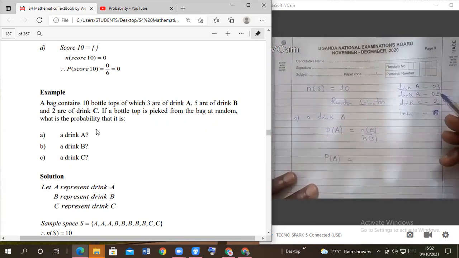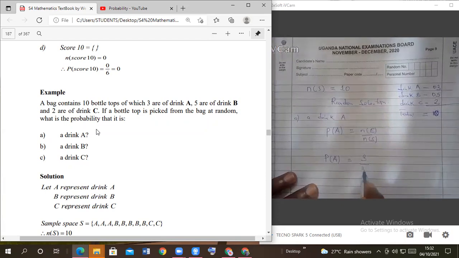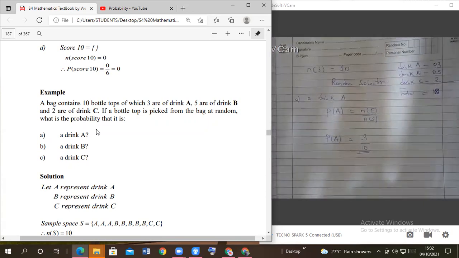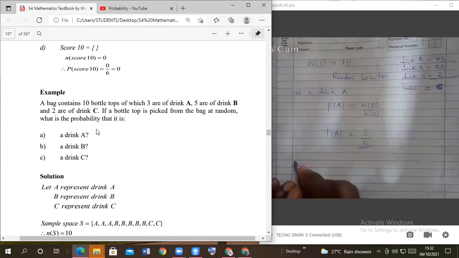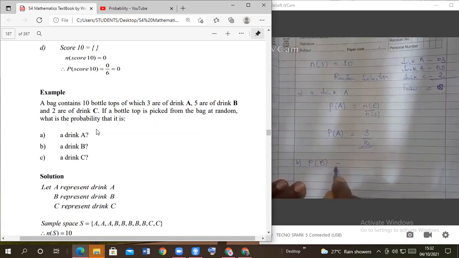So now what's the probability of getting a drink A? There are 3, not so? Yes. So which means 3 divided by 10. That's the chance. What about drink B?